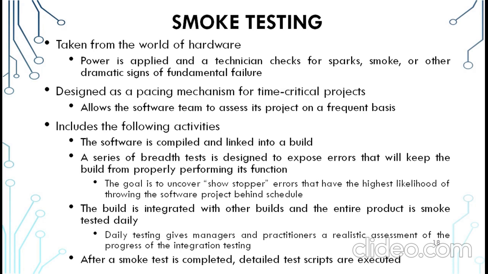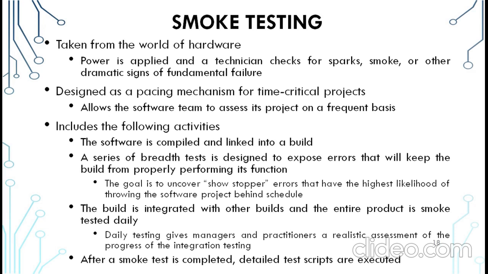It is designed as a pacing mechanism for time critical projects, and also it includes the following activities. The software is compiled and linked into a build. A series of breadth tests is designed to expose errors that will keep the build from properly performing its functions.